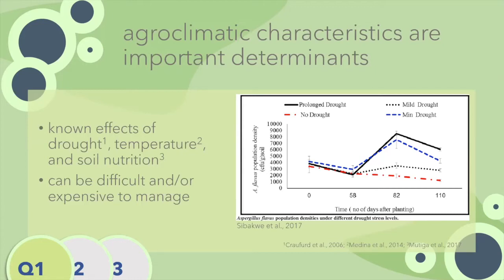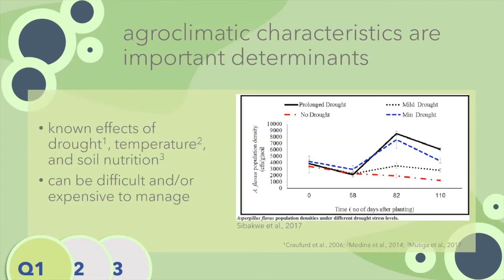But a disadvantage of considering these as intervention opportunities is that it's quite hard to act against agroclimatic realities in a way that can be achieved by smallholder farmers. For example, if a farmer wants to combat drought conditions, they might be interested in irrigation infrastructure, which is often very expensive, sometimes more expensive than the ordinary smallholder farmer might be able to afford.